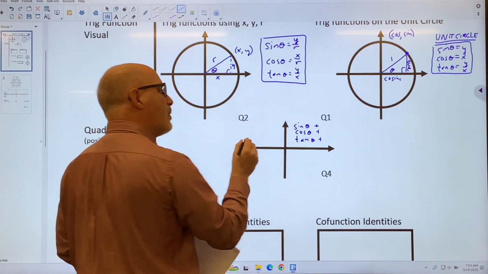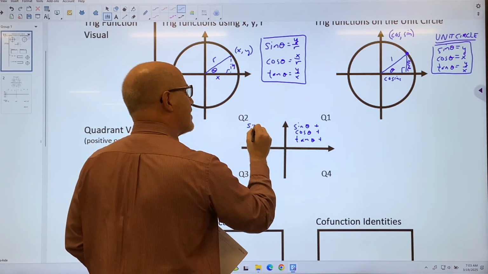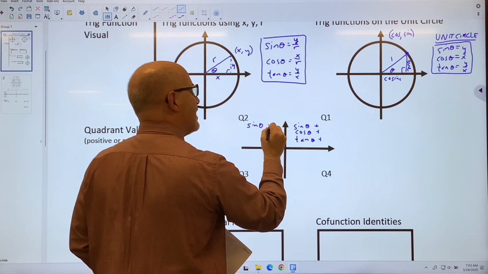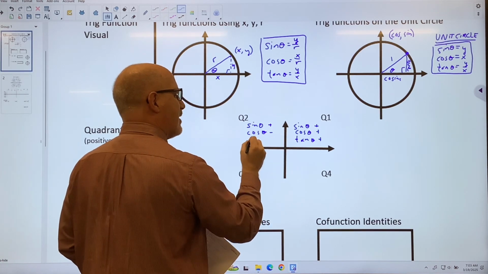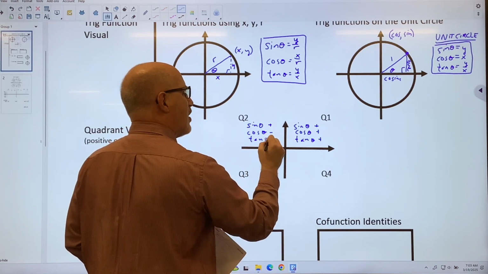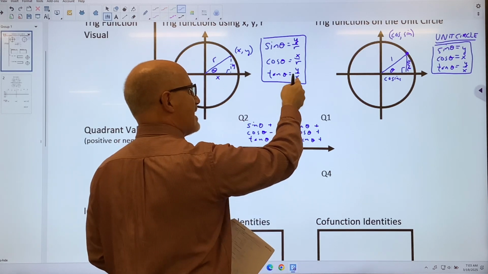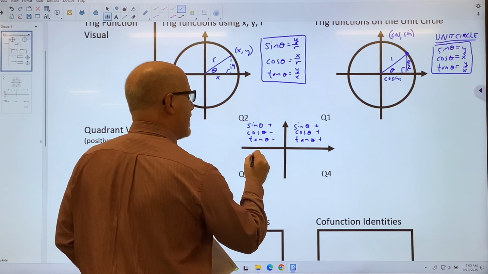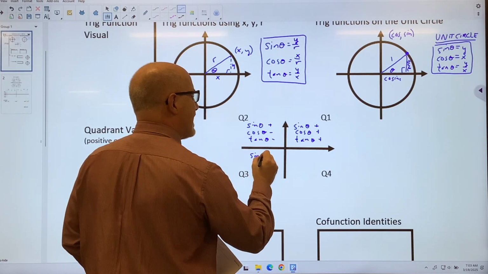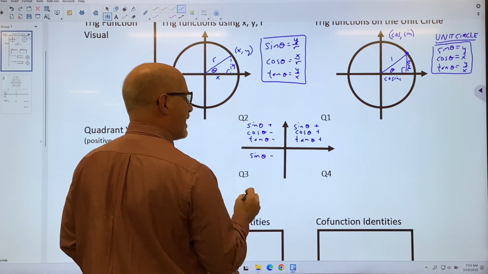In quadrant 2, on the other hand, sine is still positive, but cosine becomes negative because x becomes negative, and tangent also becomes negative because it has one negative and one positive. When we go down to the third quadrant, sine becomes negative because the y value is negative.